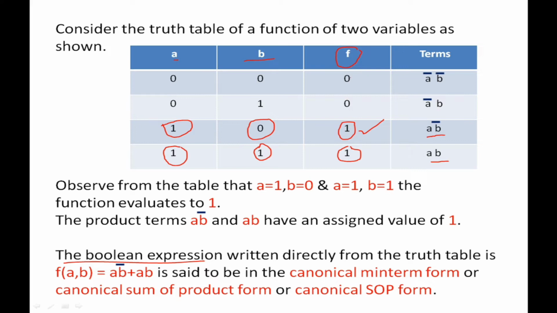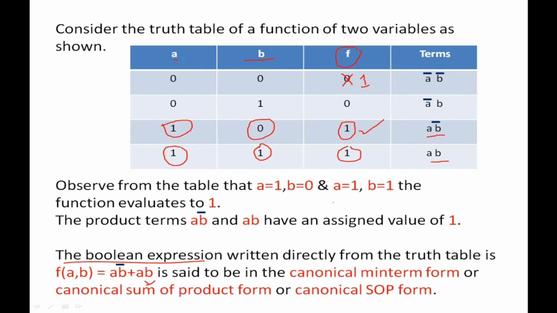Suppose instead of 0, here I had a 1. For 0 0 the function was evaluating as 1, for 0 1 it is 0, for 1 0 it is 1, and for 1 1 also it is 1. Then apart from these two terms a b bar plus ab, we would have another term, plus a bar b bar.